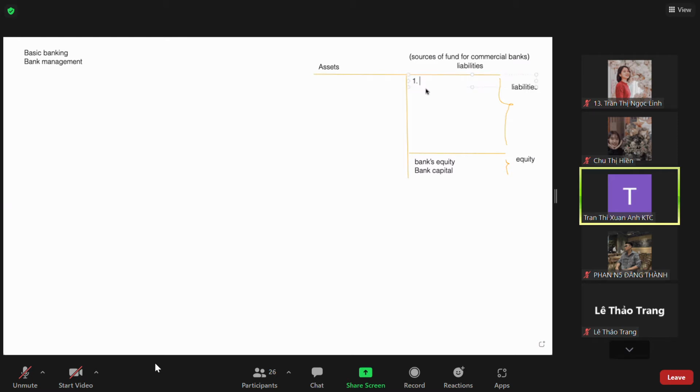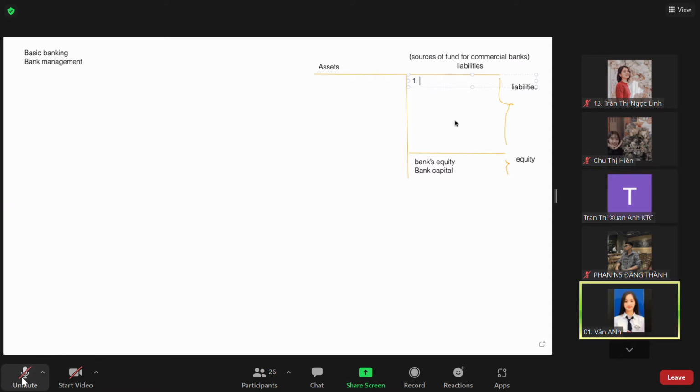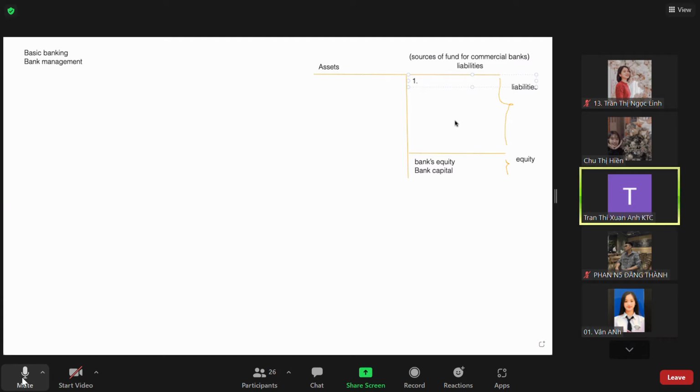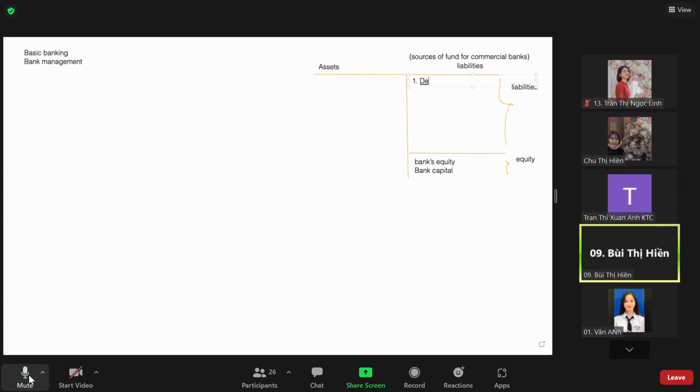The first one, what will be the first item on this side, guys? We have what in here? Very first one, very important one. Deposit, right?